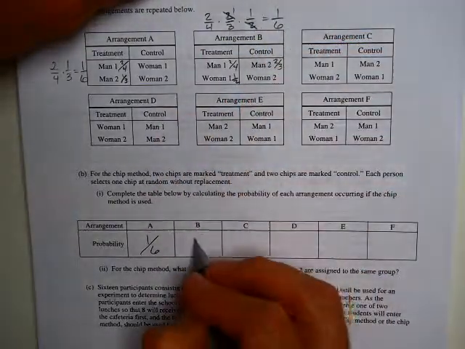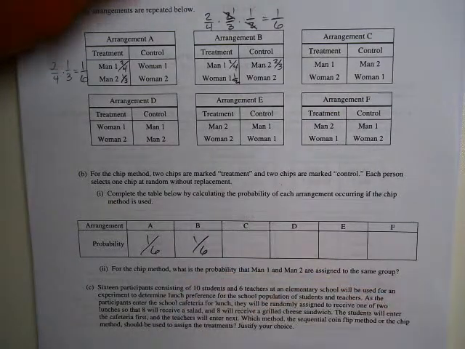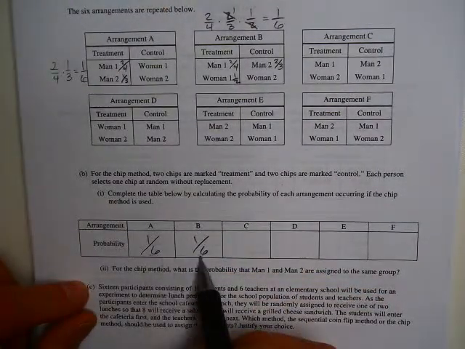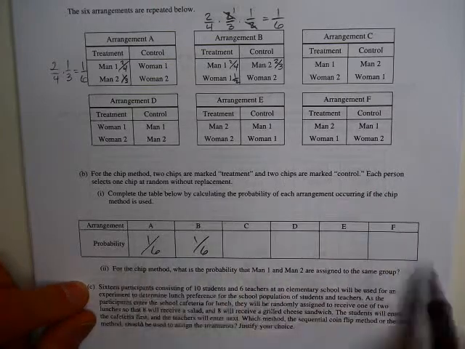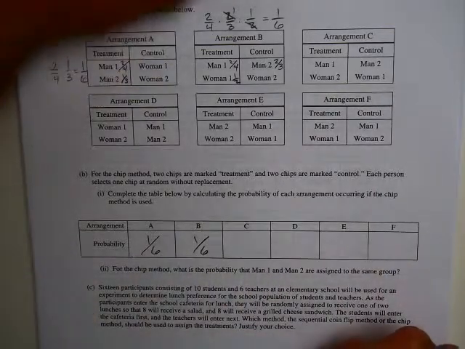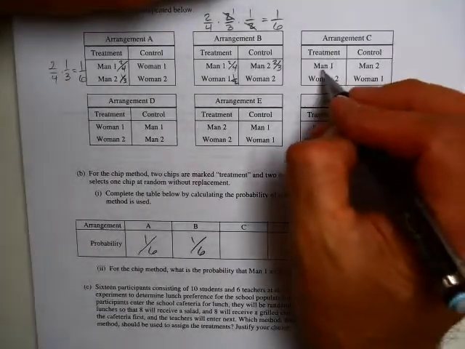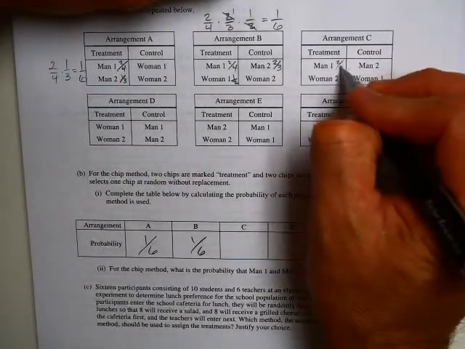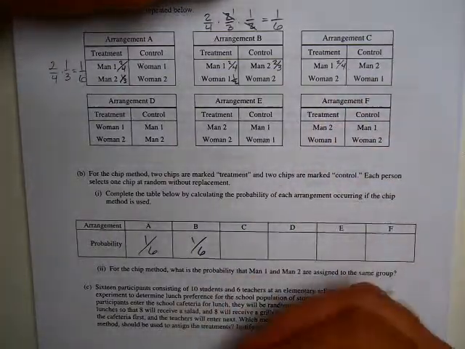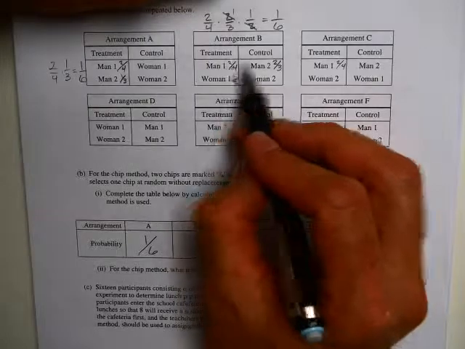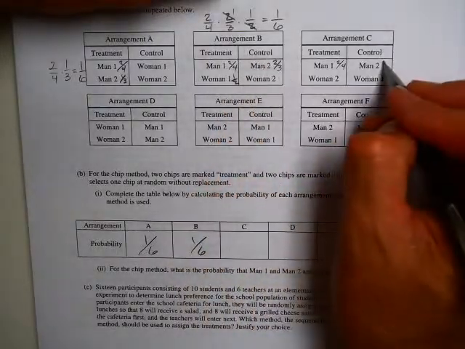It's the same value. Now at this point I'm looking at this and I'm going, I got a denominator of 6 and I've got 6 spaces here. I bet they're all 1/6. But let's move on and check it out. So man 1 always has the same probability. He's got 2 out of 4 every time he picks because he always picks first. Man 2, just like arrangement B, gets into the control group.